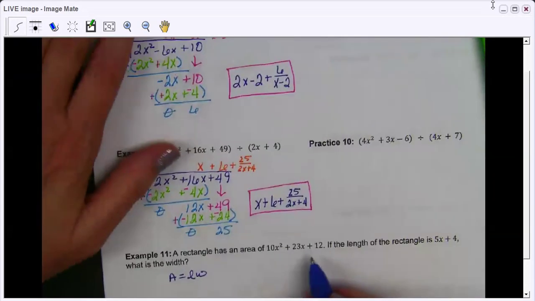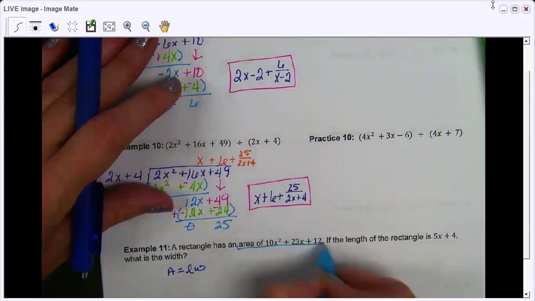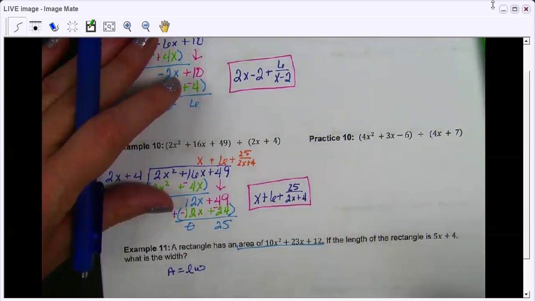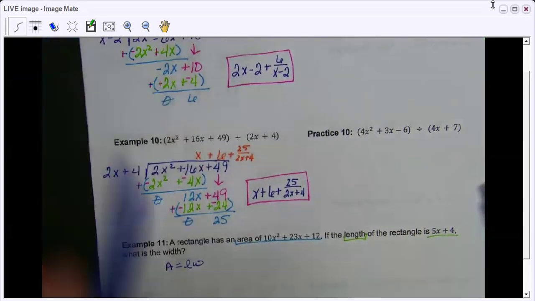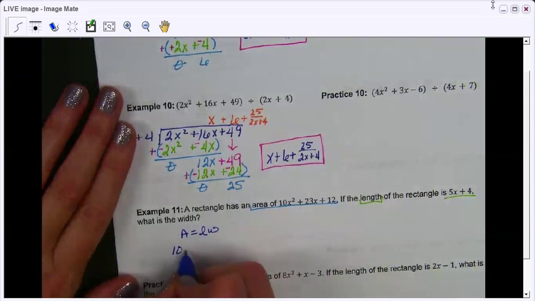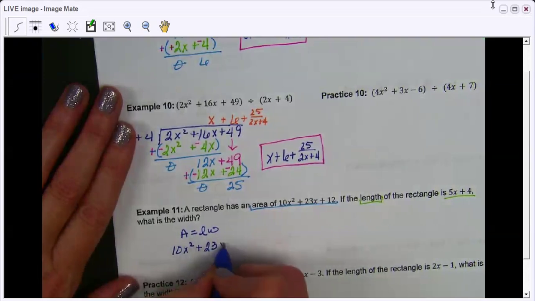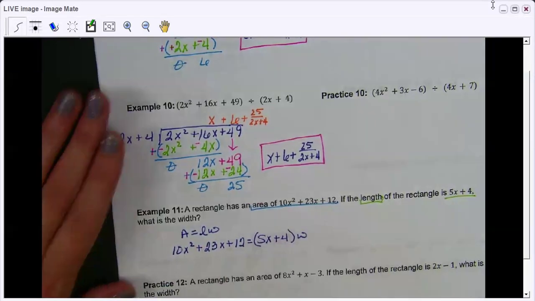So let's plug in what we know. We have 10x squared plus 23x plus 12 equals 5x plus 4 times w.